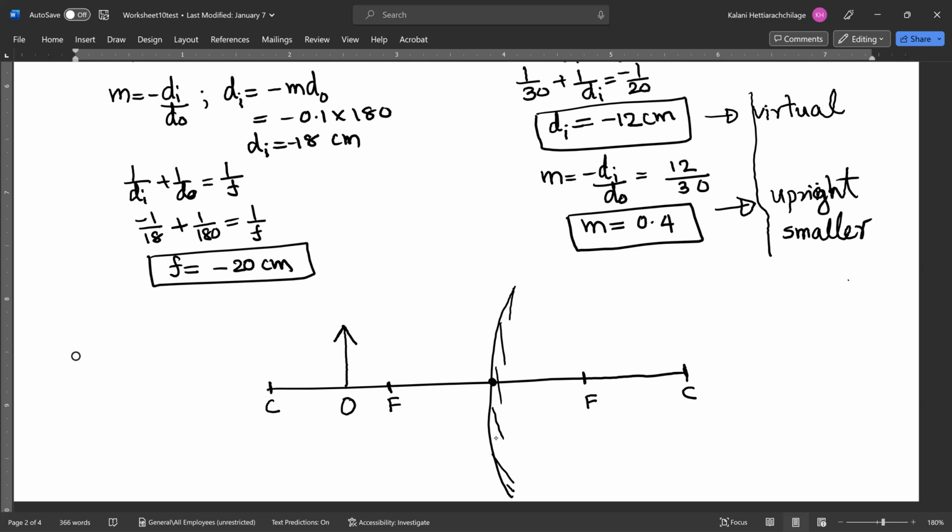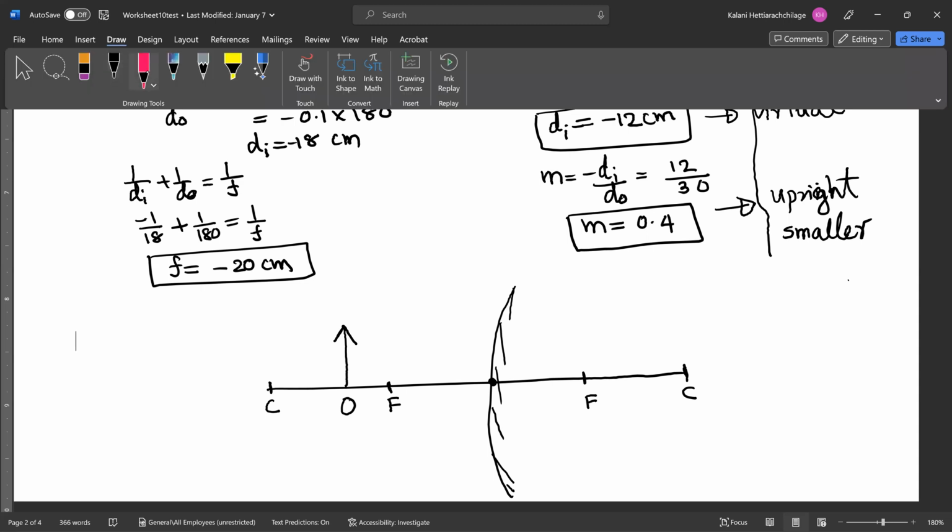I'm going to use 2 rays that we discussed. One goes toward the focal point. Let's say I'm going to use red color, and send this light to the focal point from the tip point.